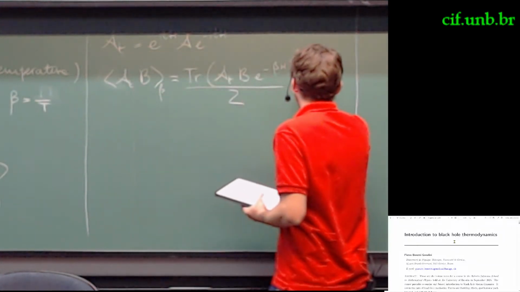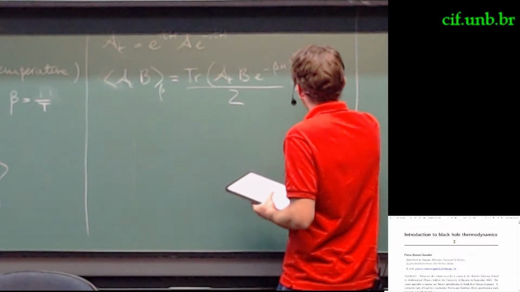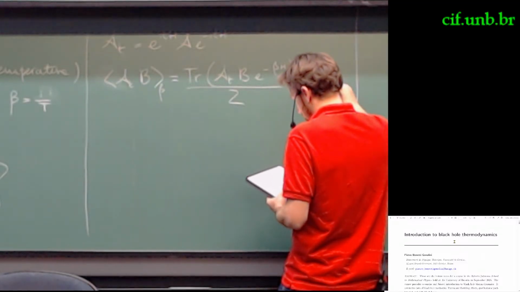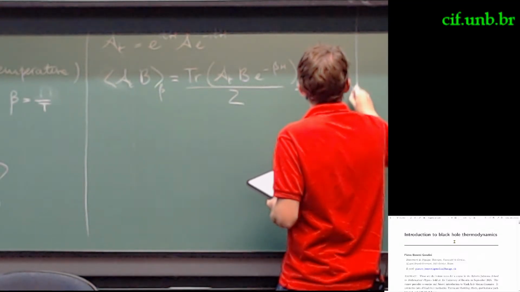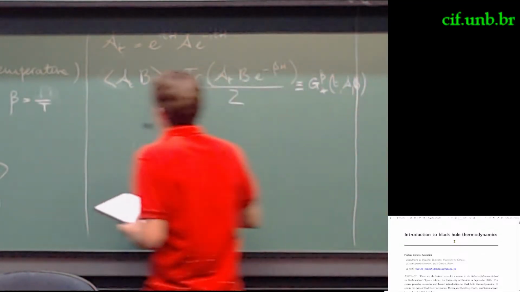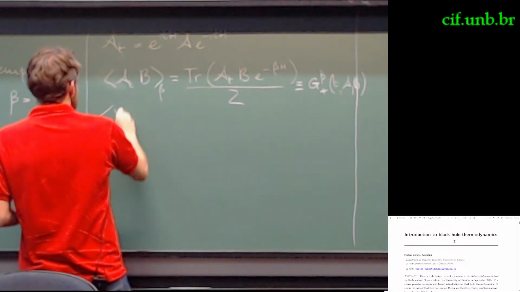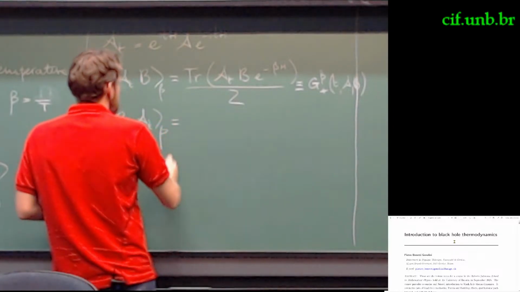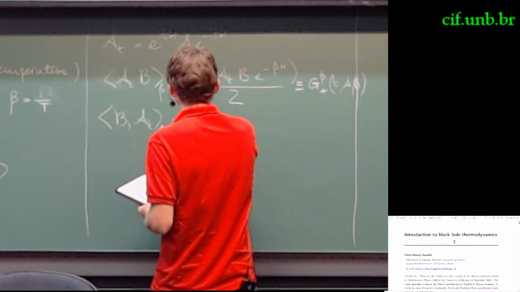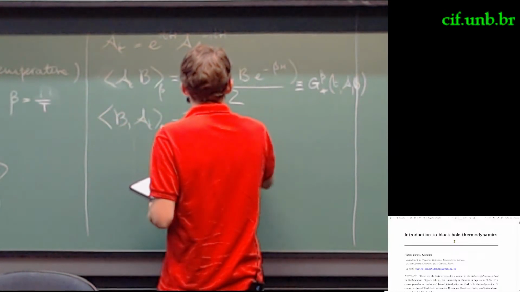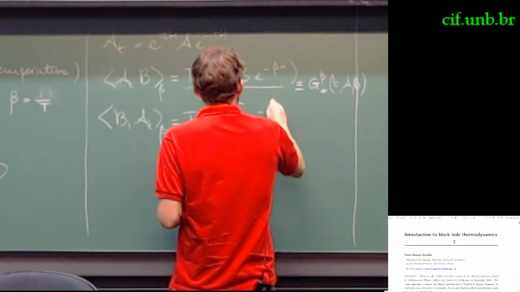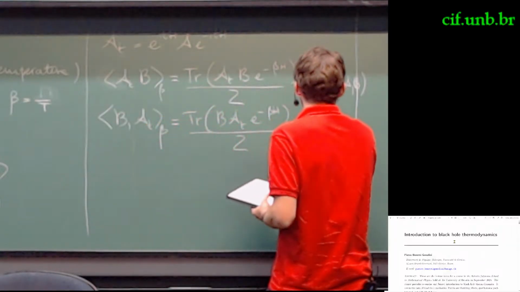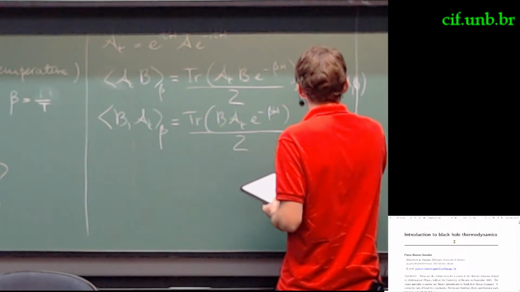And this I will call G plus beta, t, A, B. And then I will also consider the different order, and these are called G minus.